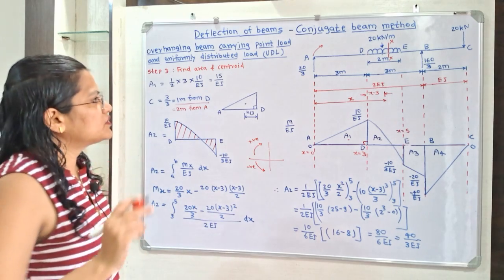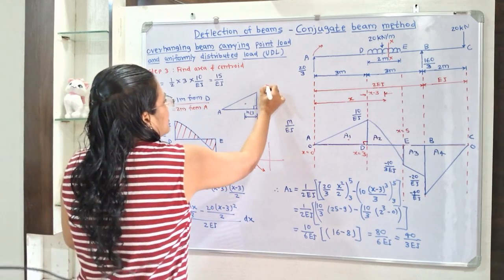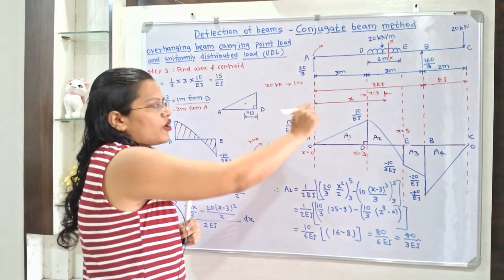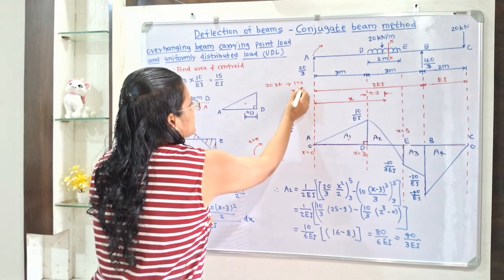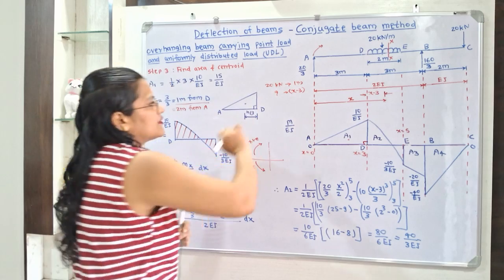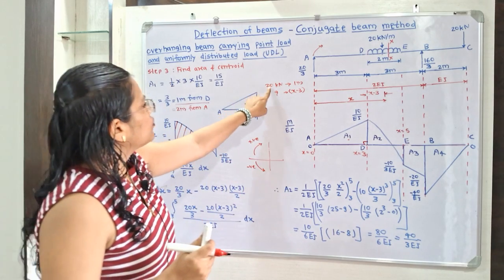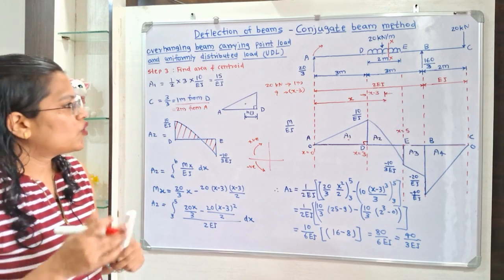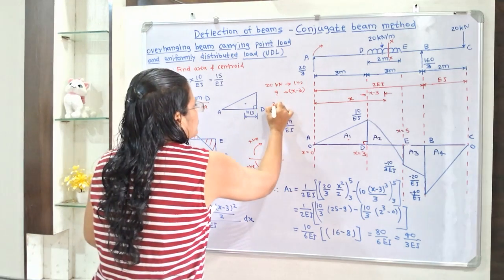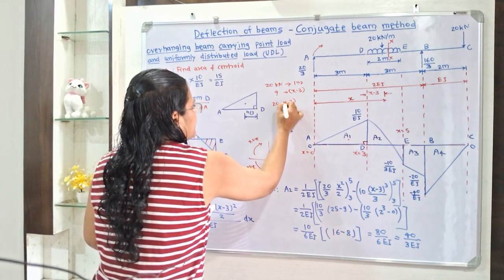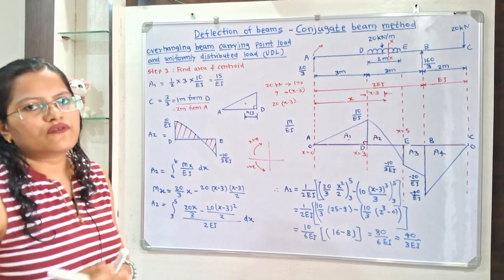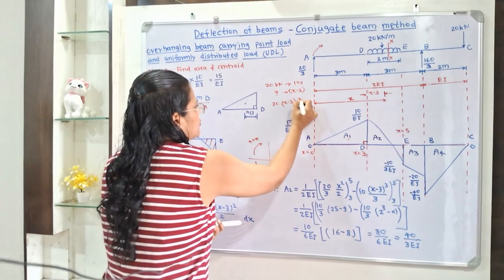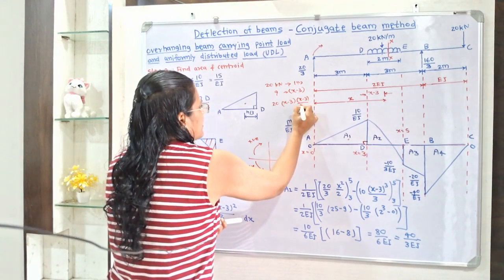Now this uniformly distributed load is given as 20 kilonewton per 1 meter. So for a distance of x minus 3, what is this load? Load is equal to 20 multiplied by x minus 3 divided by 1, so load is equal to 20 into x minus 3. And the point of application of load is the center point, that is x minus 3 divided by 2.